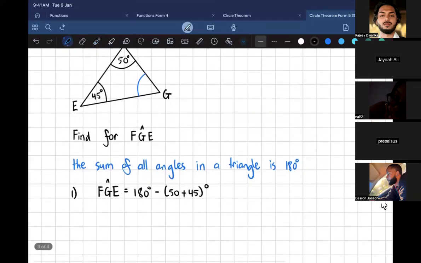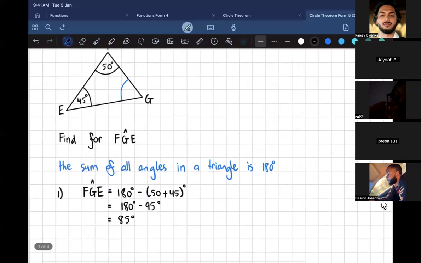That'll be 180 minus 95, which is equal to 85 degrees. That's the first method you could take.